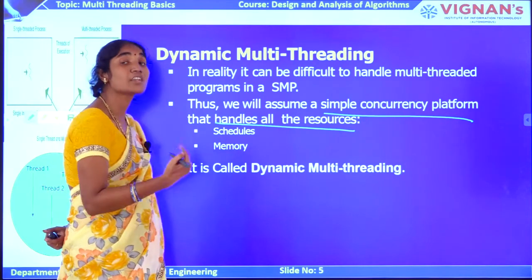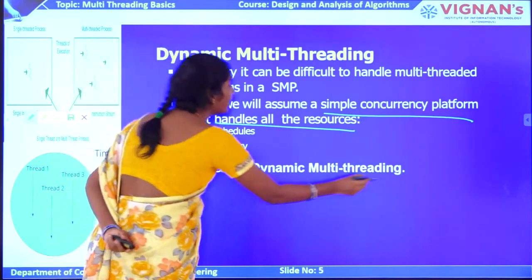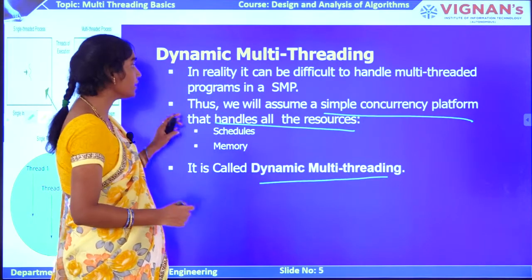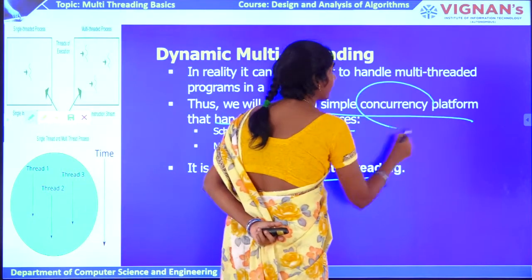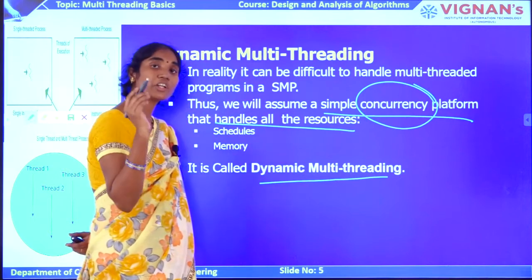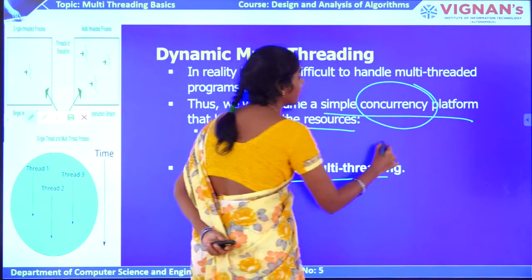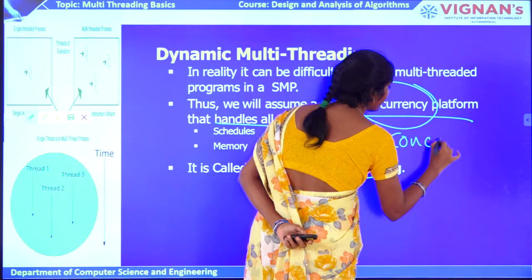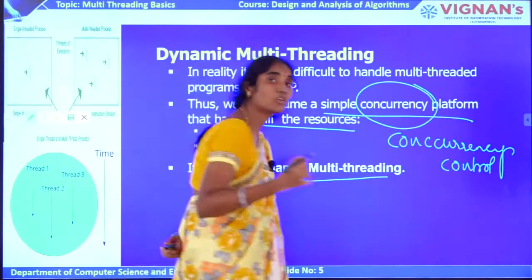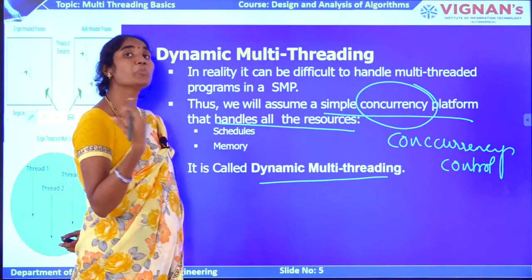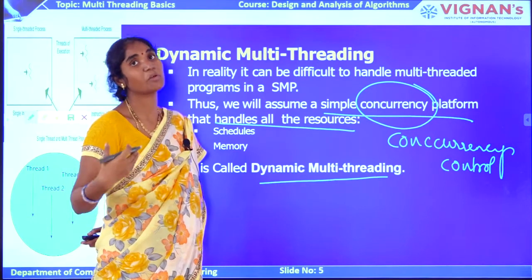That process is known as dynamic multi-threading. So here we are achieving concurrency, incorporating concurrency control to make our process a dynamic multi-threading.